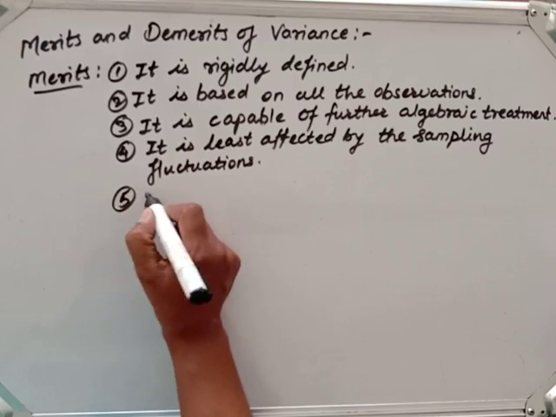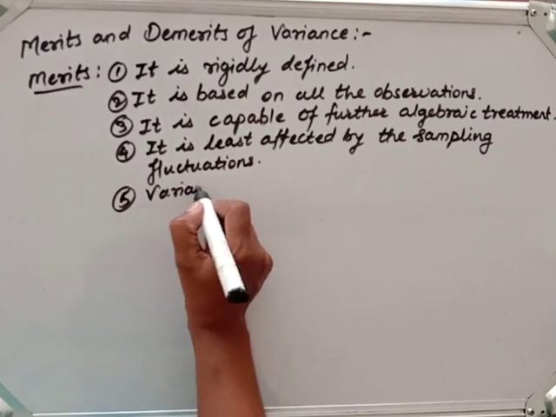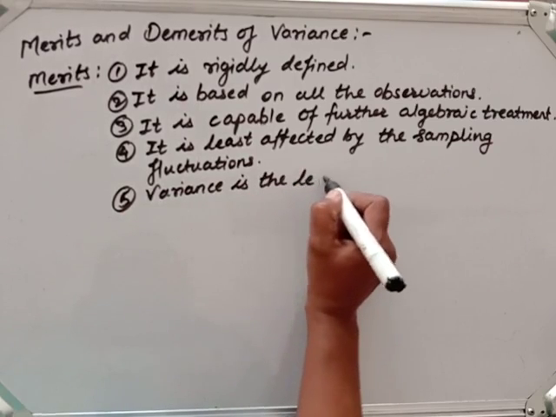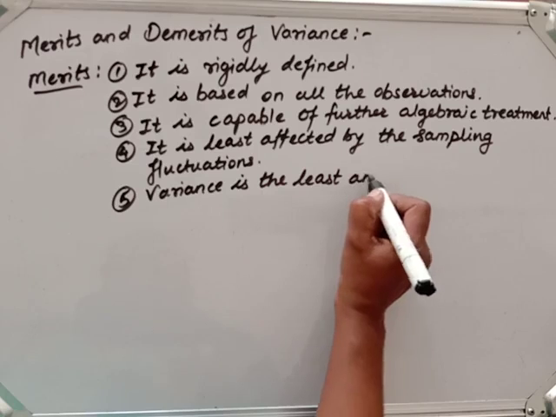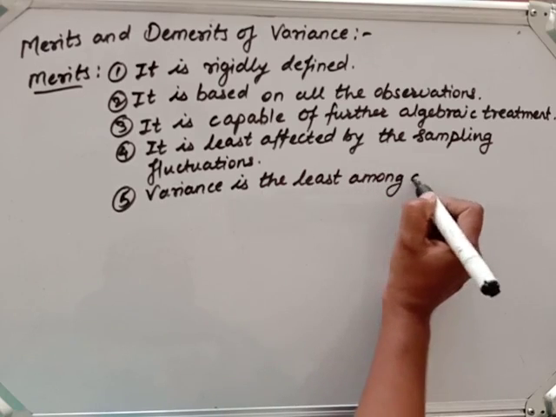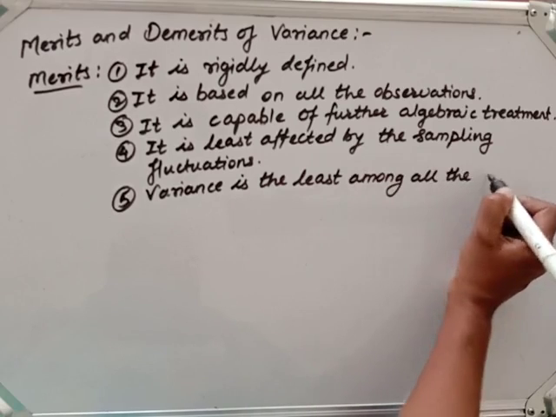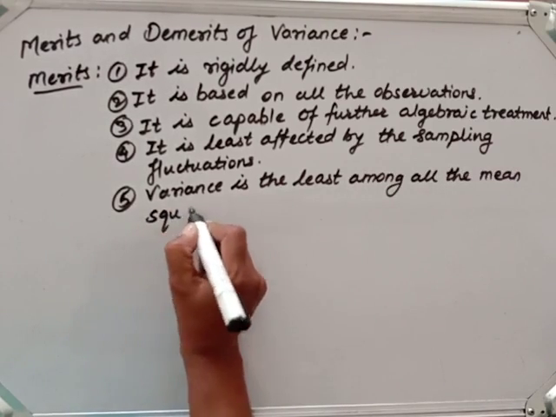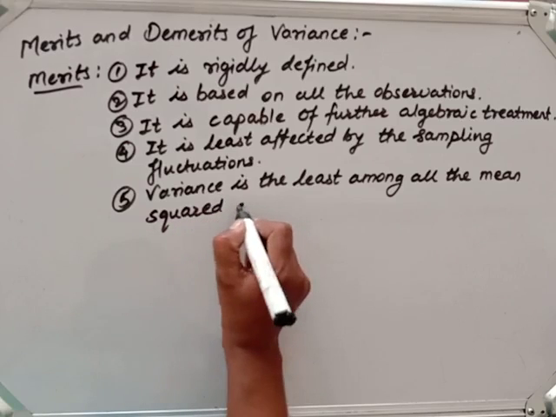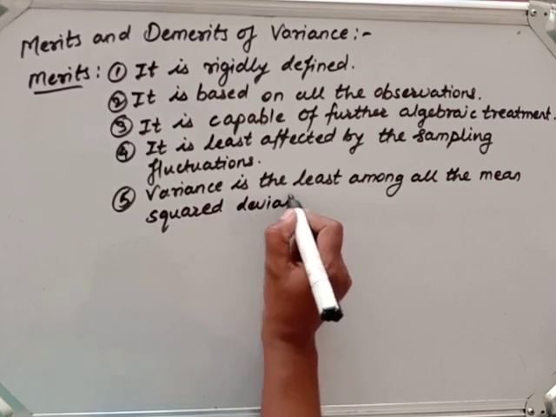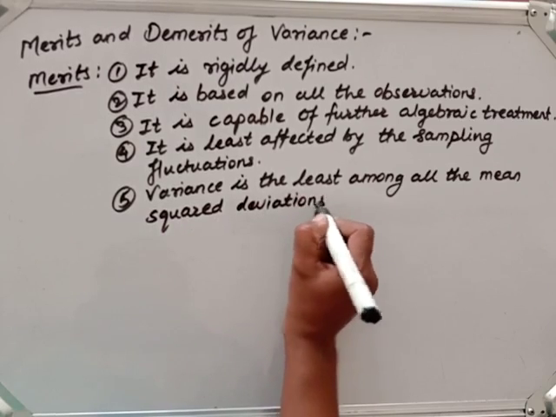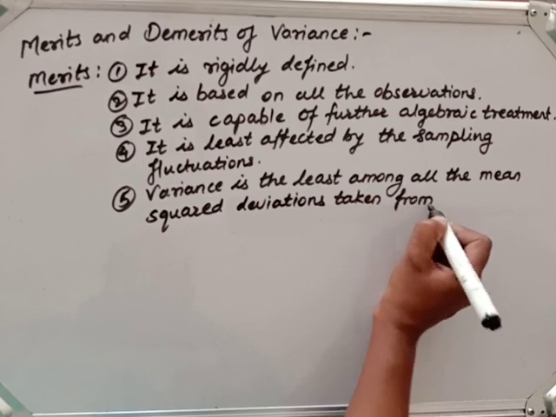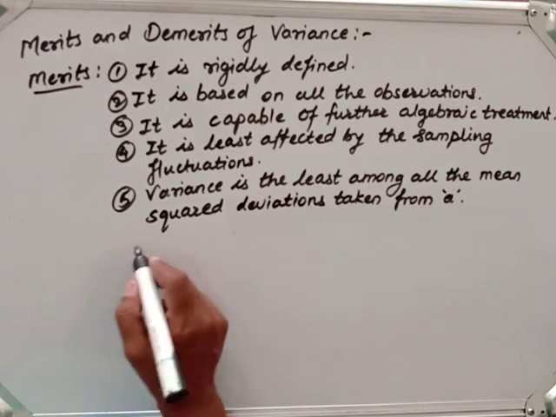Then the next, variance is the least among all the mean squared deviations taken from A. A is any constant here.